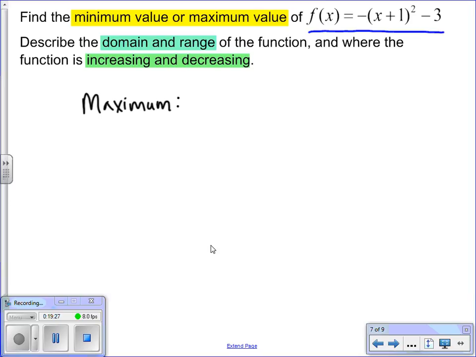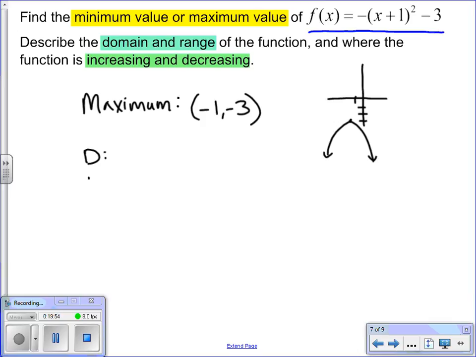Negative 1, negative 3. If you're trying to visualize that in your head, you'd go left 1, down 3. There's a point. We know that it opens down, so we have a maximum. That's using my transformations from the previous section.